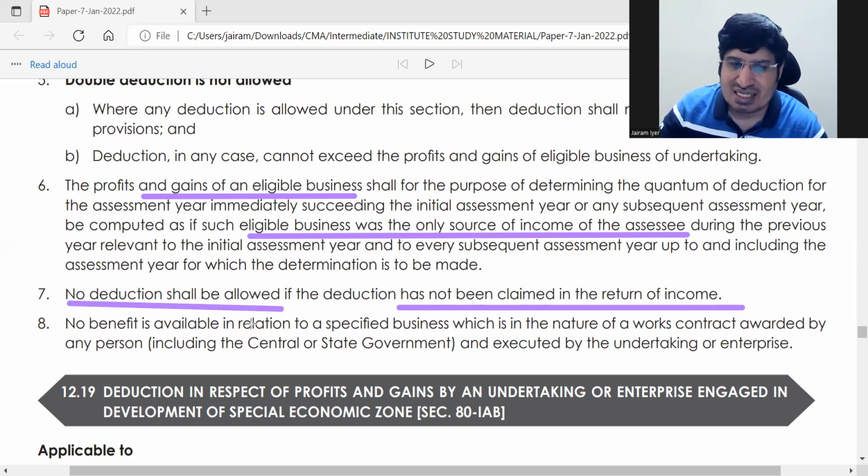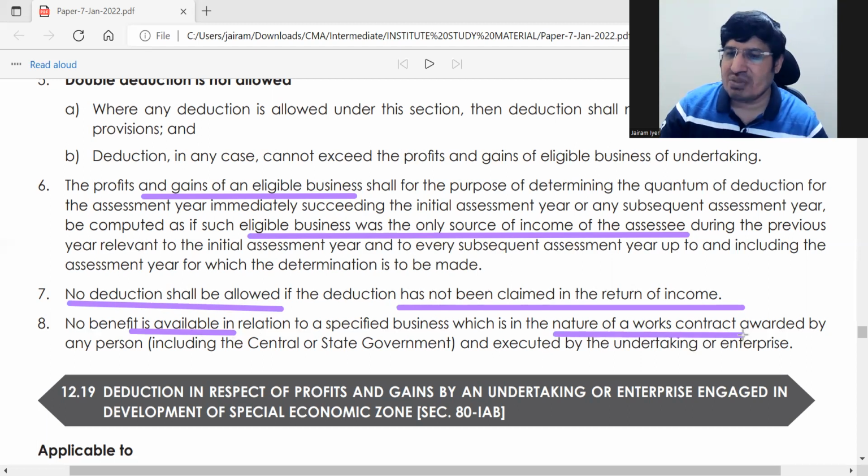Okay, now this last point is no benefit is available. Okay, if it is in the nature of works contract, means some other business has given you this contract, right? Like a subcontract kind of thing. Okay, so if it is in the nature of works contract given by anyone including central or state government, then you will not get deduction under this section.